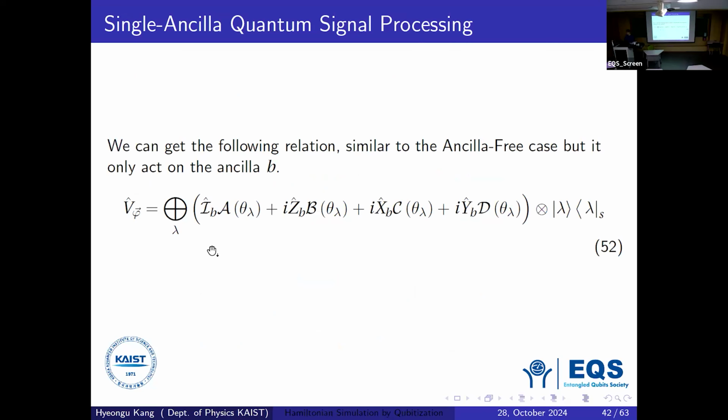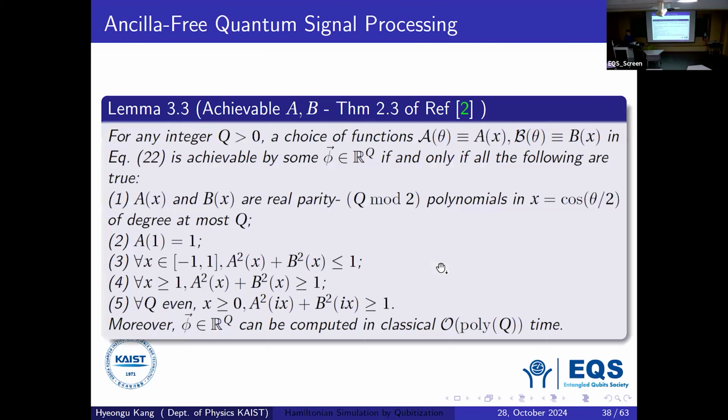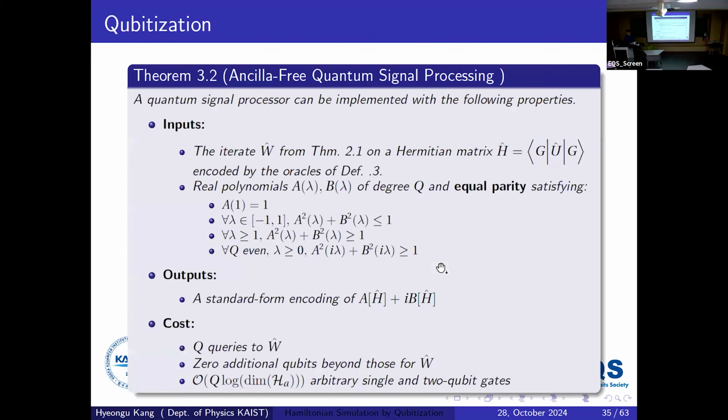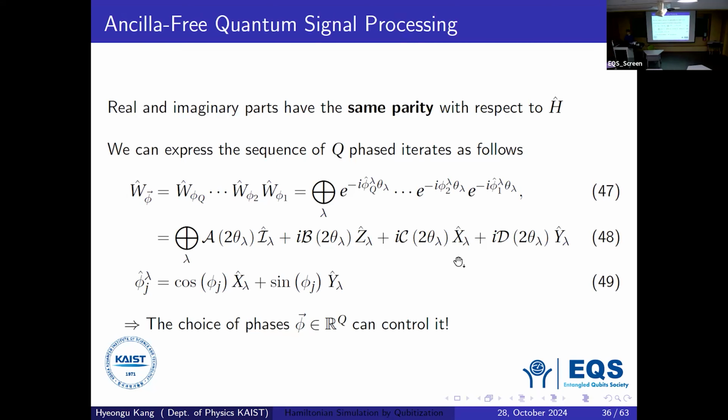We can again express this in terms of the Pauli matrices in the lambda subspace. Note that this is similar to the ancilla-free case, but it only acts on the ancilla. Compare this with this one.